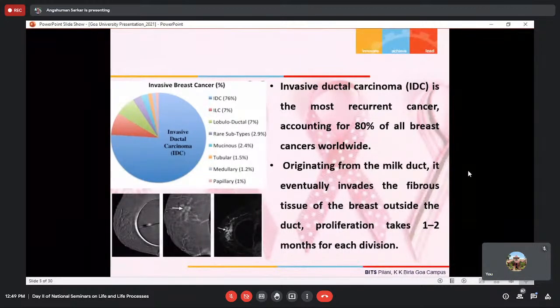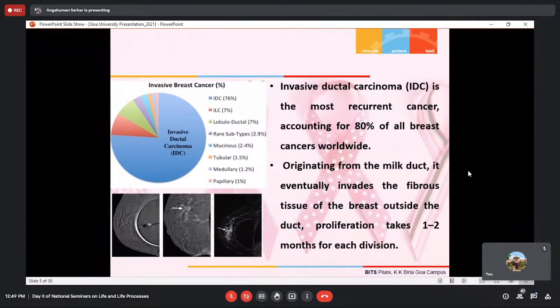It eventually invades the fibrous tissues of the breast outside the duct, and the entire proliferation takes 1 to 2 months for each division. And in case of cancer, when you talk about a division, it's division in a geometrical progression rate. That means 2 to 4, 4 to 8, 8 to 16, like that.